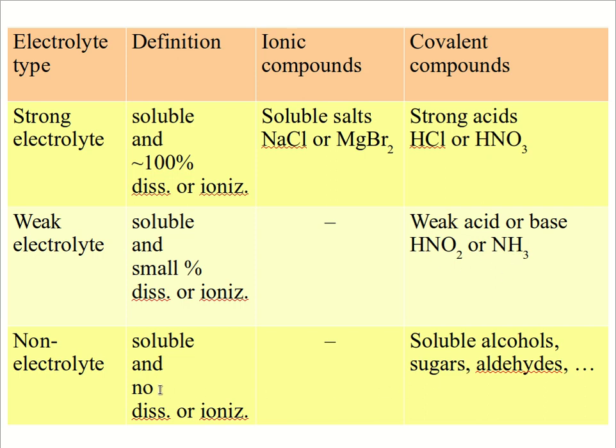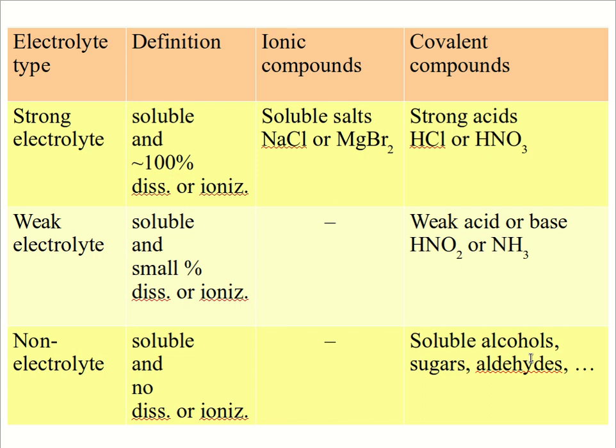And then the non-electrolytes, they're just plain soluble, but they don't show any noticeable dissociation or ionization. And again, for an ionic compound, I can't have that. I can't be soluble and at the same time form no ions. That is in principle impossible, same as here. It cannot happen. And on this side, there's plenty, right?